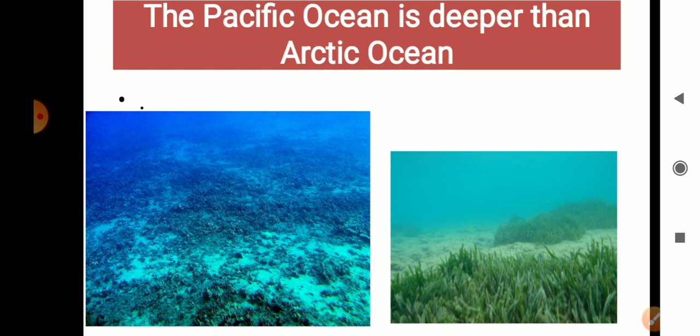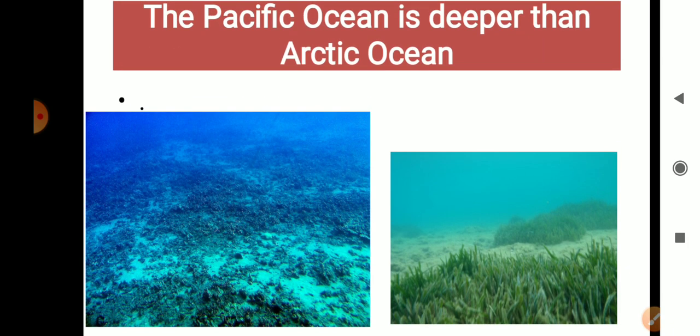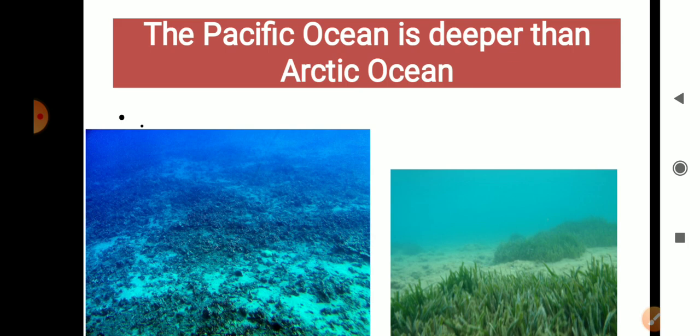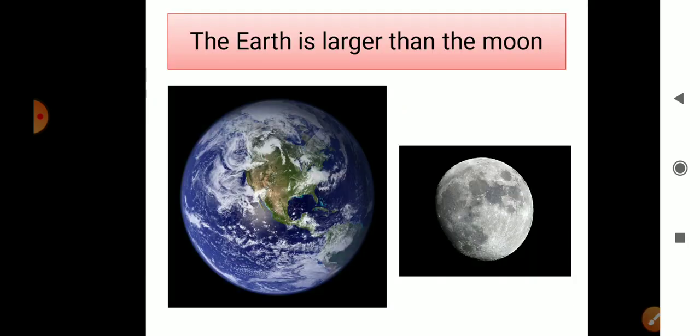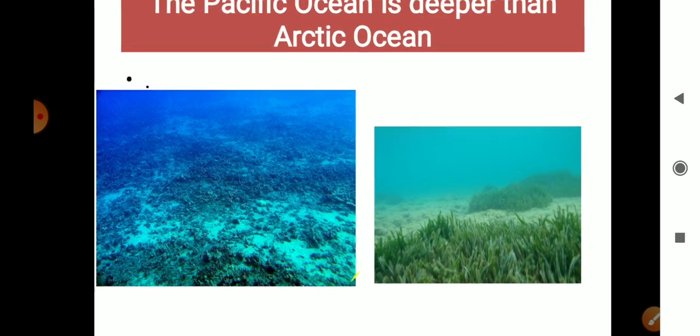And how do we know this is a comparative degree? We have ER in deeper, and the word than is there. Just keep in mind that deeper than shows us the comparative degree.